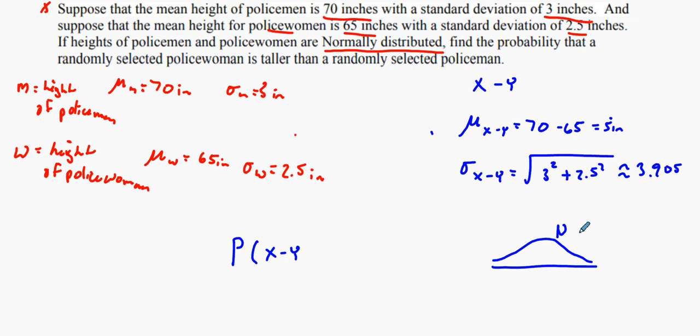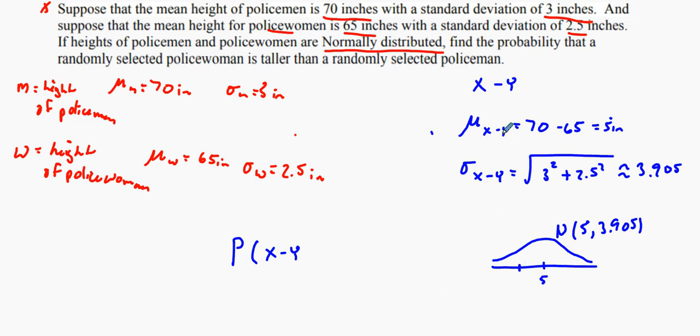We have 5 inches as my mean, and I also have my standard deviation of 3.905. If a woman is taller, that means the difference is equal to 0 when they are equal.